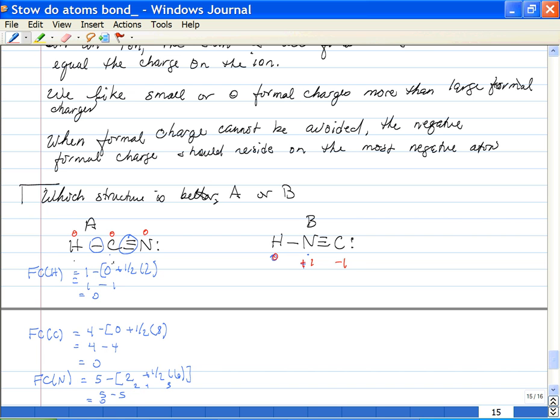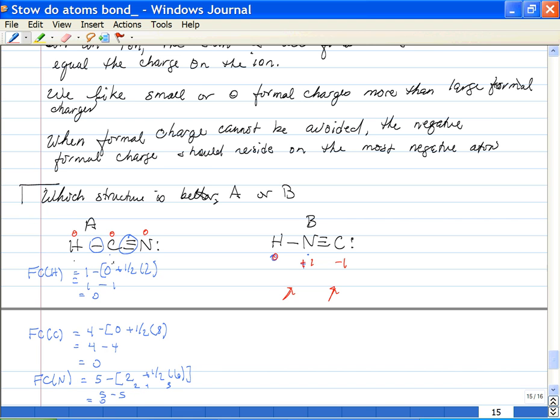Zero in this case, unless it's a cation or anion, the total formal charge must be zero. If it's a cation, the total formal charge must be positive in the magnitude, whatever the cation value is. If it's a +2 cation, the total formal charge must be +2, etc.